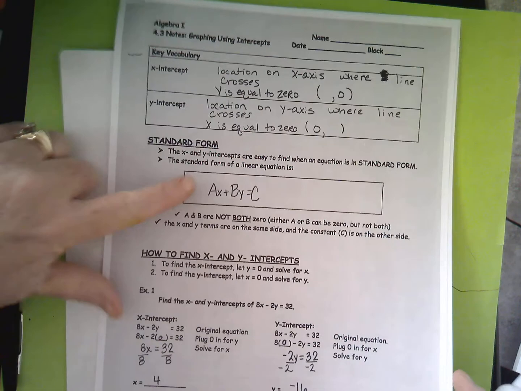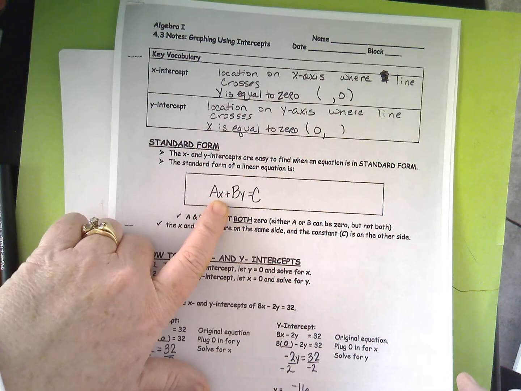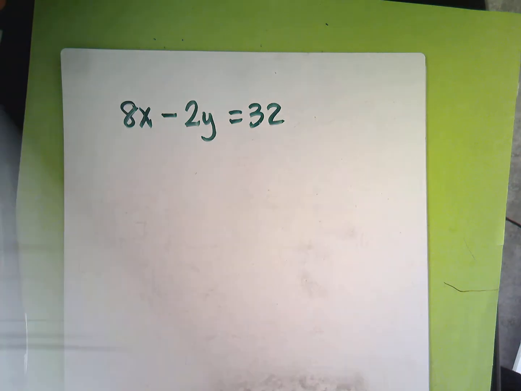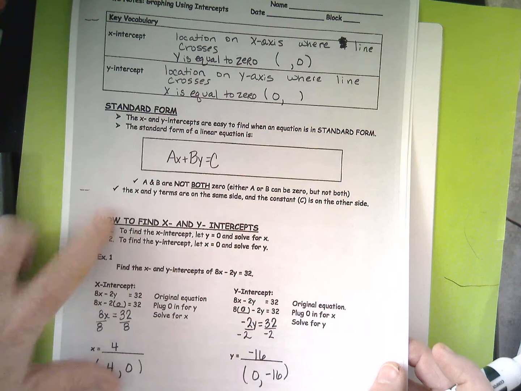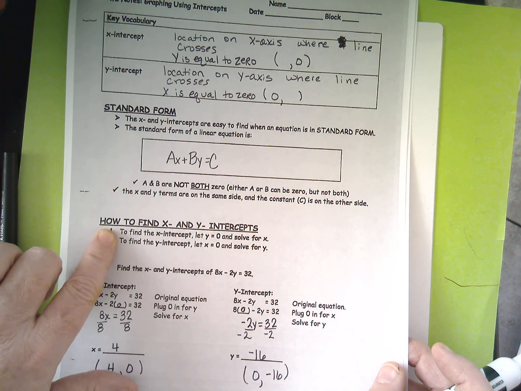The next thing we discussed was standard form. Standard form is when you have the x term, the y term, the equal sign, and the number. This is in standard form. When things are in standard form, it's useful to be able to find the x and y intercepts.